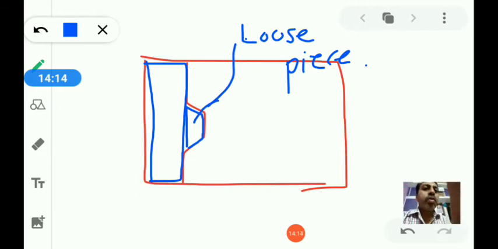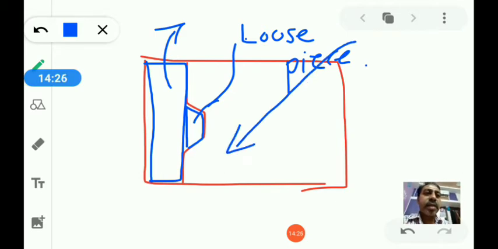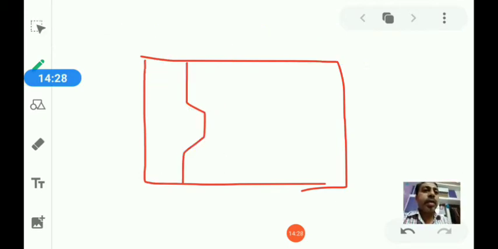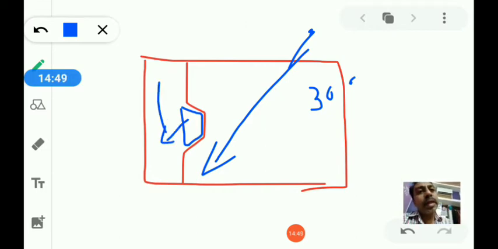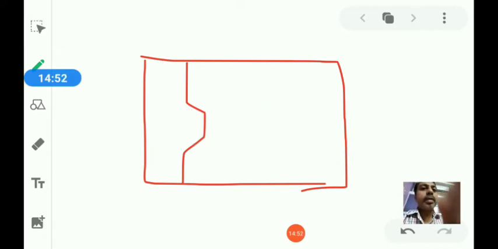First, after ramming the sand, this is removed and then we tilt the flask so that this second loose piece part can come out. So the first part is removed, then tilt it to certain angles, suppose 20 or 30 degrees. That way this part can come out and be easily removed, so this type of undercut can be easily created.